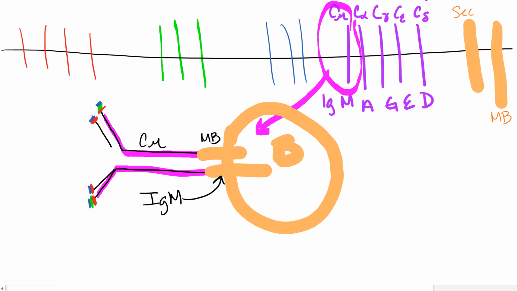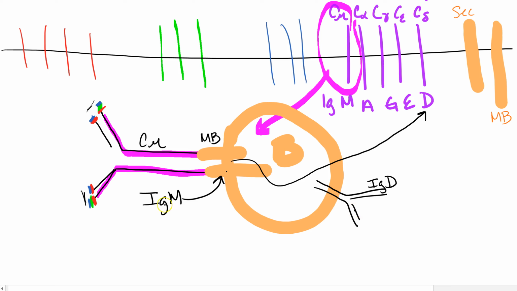Okay, now once it's done this, it gets signaled here to go into its nucleus and allow for co-expression of IgD. So that's going to be antigenically identical. It's just also going to be on the surface. This process that allows for co-expression of IgM and IgD is a result of alternative splicing.